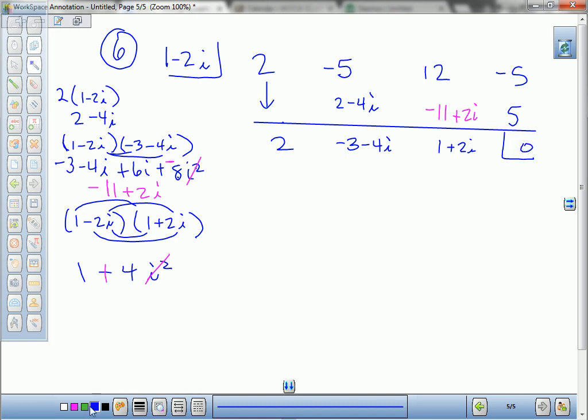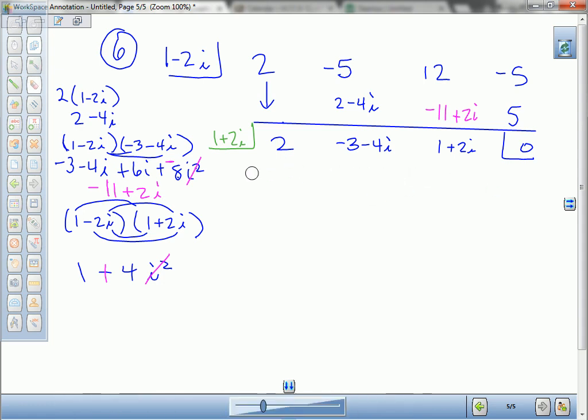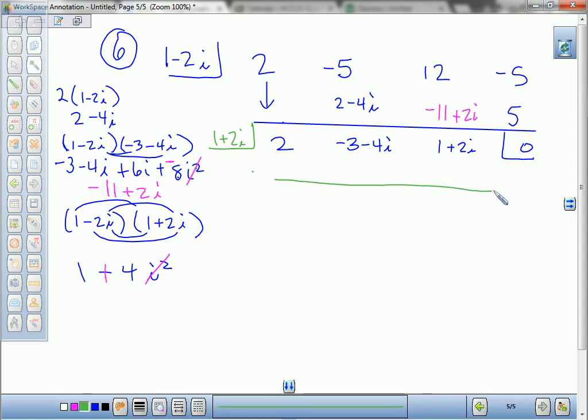Now, do we have to do 1 plus 2i? That is right. We do the conjugate, which is 1 plus 2i. So if this is 1 minus 2i, the next one is 1 plus 2i. And so we're going to bring down the first one. And this is where the pretty stuff happens.